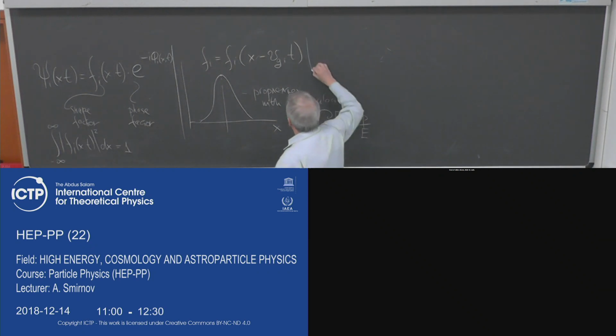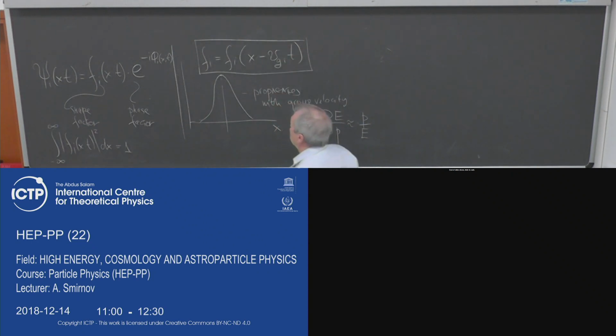This can be strictly derived, but I'm just using this physical argument that the shape factor should describe propagation of your state.